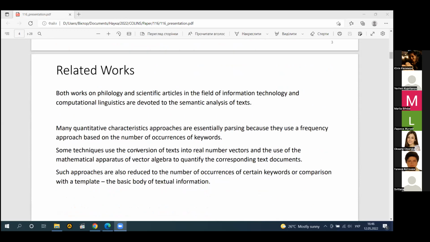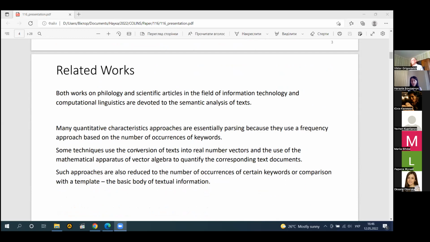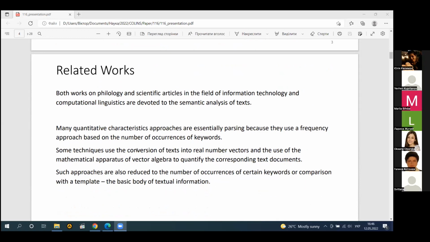Related works: both works of philology and scientific articles in the field of information technology and computational linguistics are devoted to the semantic analysis of texts. Many quantitative characteristic approaches are essentially passive because they use frequency approaches based on the number of occurrences of keywords.